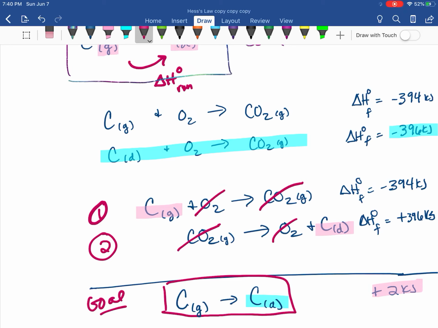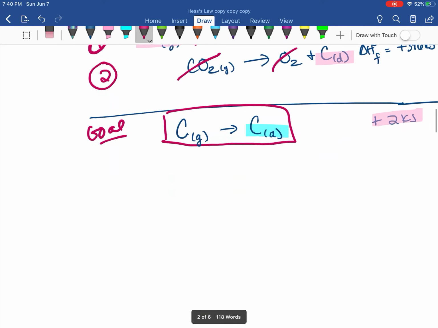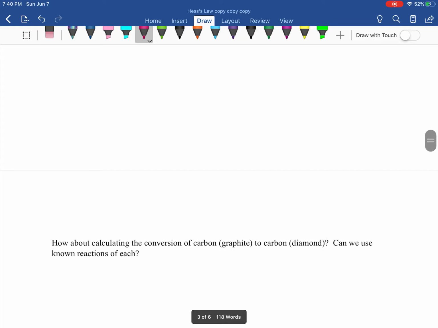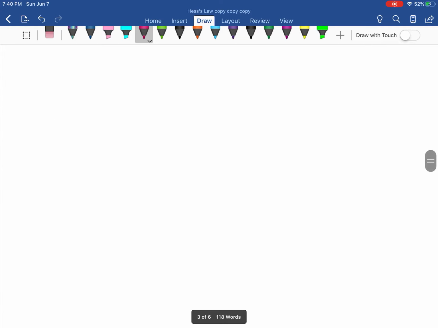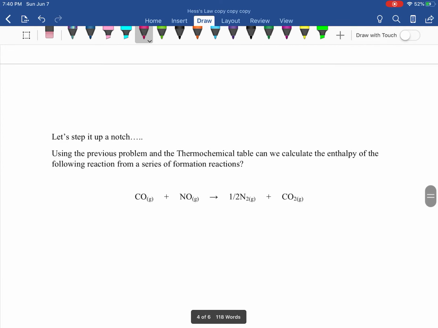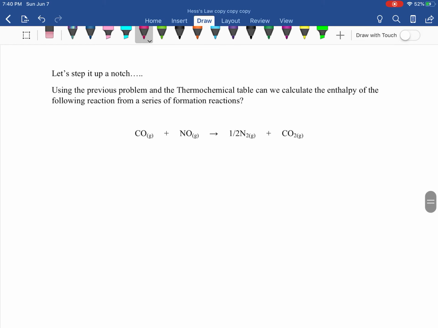What matters is that this overall process is our goal statement that we're looking for. So in nature, who knows how carbon graphite turns into carbon diamond? Does it go through carbon dioxide or not? It doesn't matter. We made it and then we used it. And so that process is independent.